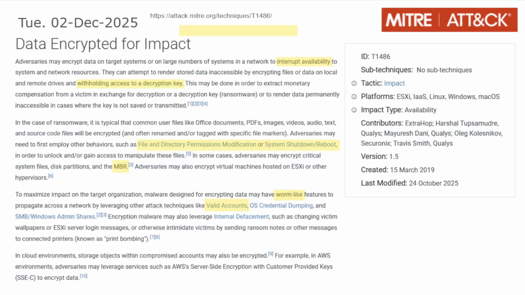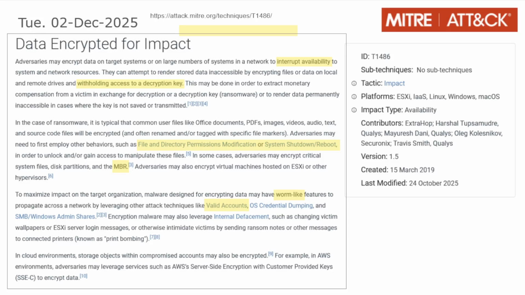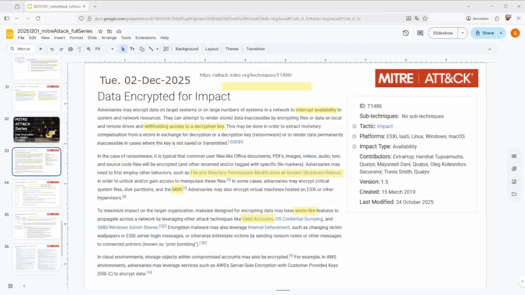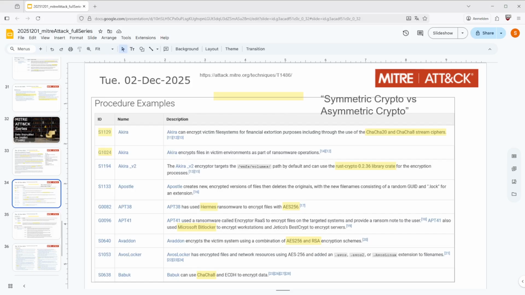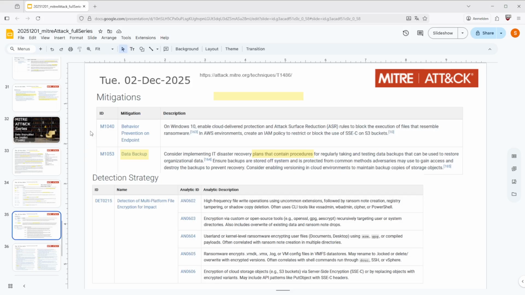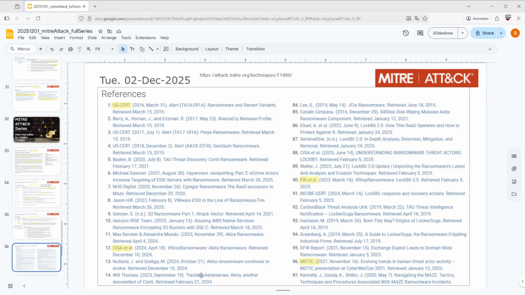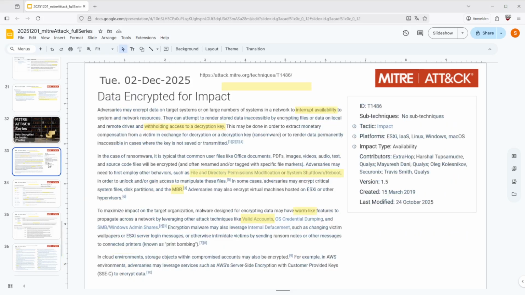We obtained an overview of data encrypted for impact: what is it, and in what stage does it happen? We looked at attackers, recognized some names like Akira. We have a good idea of how to prevent it, well, data backup, and we took a look at some sources. I think that's enough for the moment.